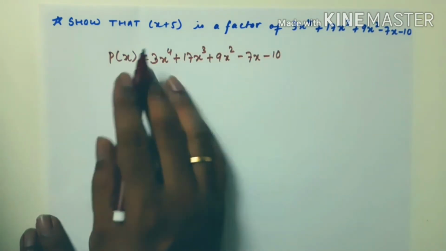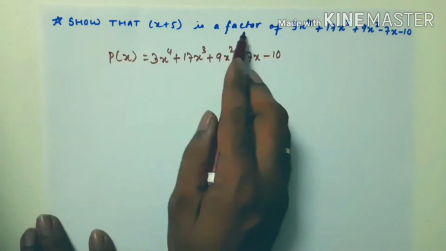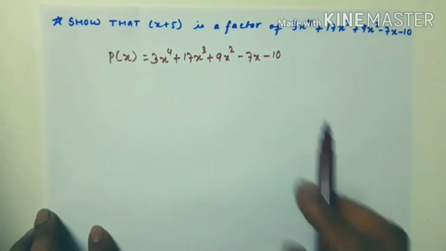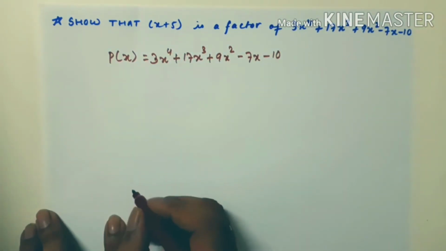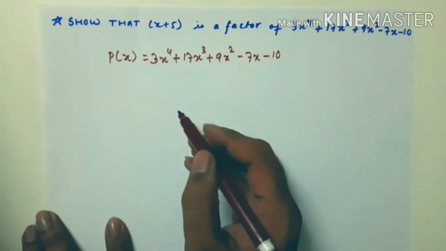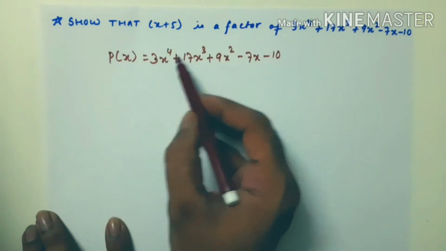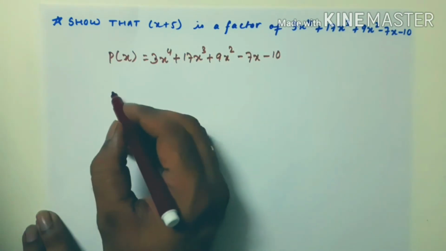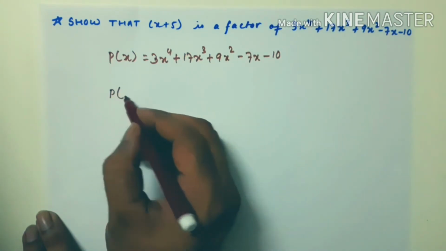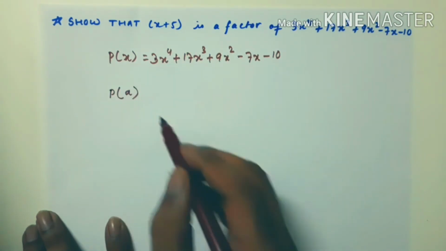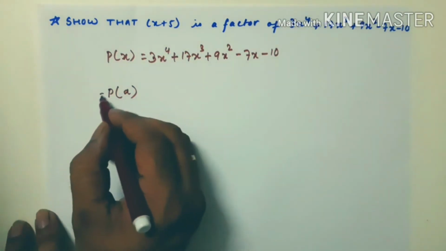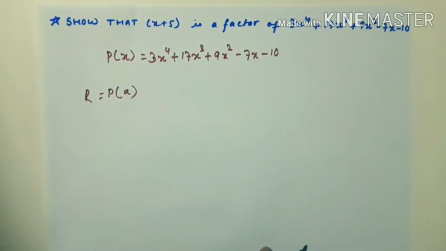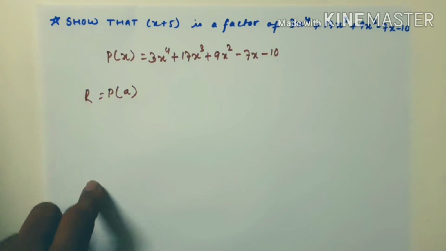Here we have to find whether x plus 5 is a factor of this polynomial. For this, first let us find the remainder, whenever this polynomial is divided by x plus 5. That is nothing but p of a, the remainder using the remainder theorem. But first we have to find this a.